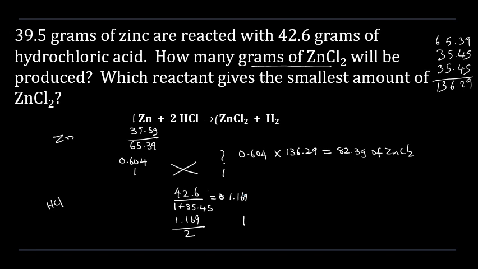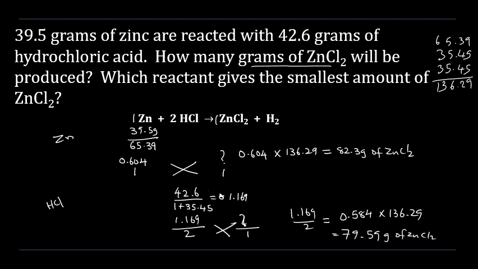So 1.169 will give how many moles of ZnCl2? Cross multiply: 1.169 divided by 2 equals 0.589. Then multiply that with the molar mass, and I will get 79.59 grams of ZnCl2. So I have fewer grams here, so that is going to be my limiting reagent.